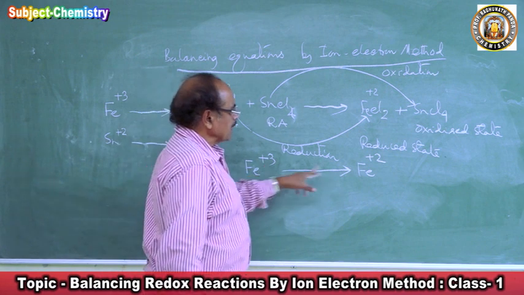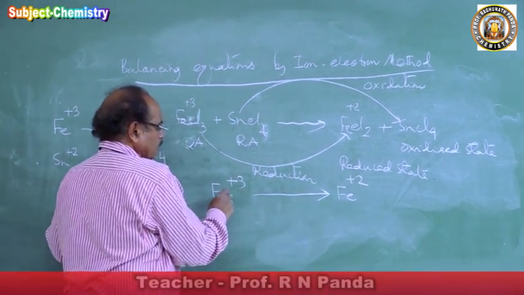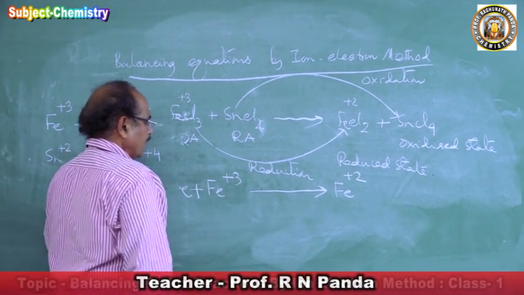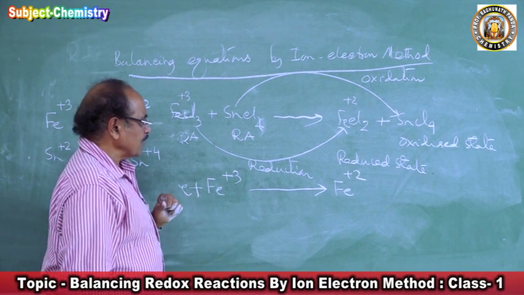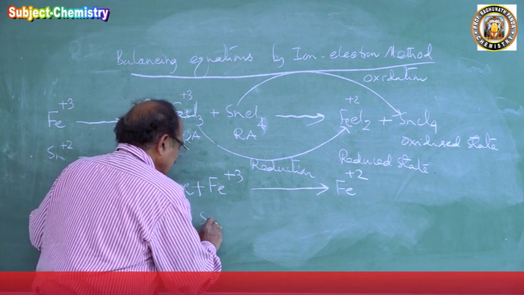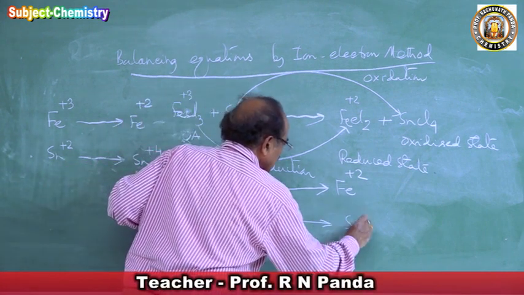Fe +3 is forming Fe +2. So there are positive charges; here it is 1. So we will add 1 electron to make it equal. Fe +3 plus an electron will form Fe +2. So this is now balanced. Now if you come to stannous, it is becoming stannic, Sn +4.